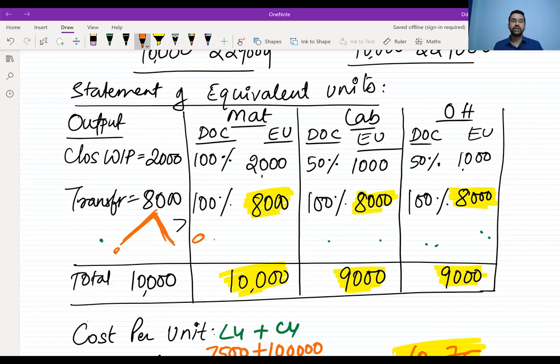That means balance 1 day work is pending. So you can easily say 50% done. It becomes easy. But there are a lot of manufacturing activities and processes where it is extremely difficult to decide whether degree of completion is 30% or 80% or 70% or 90%.